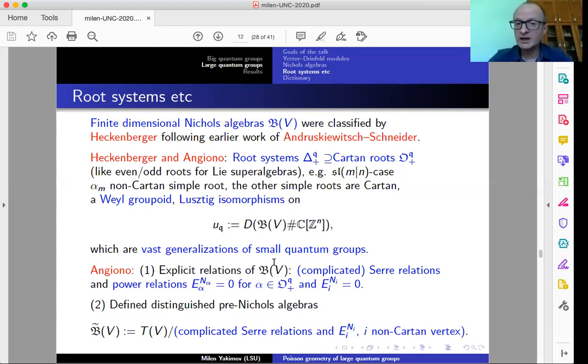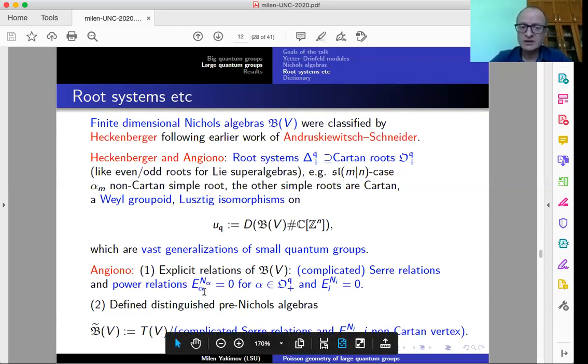So he came up with a description of this analog of U_q(g)^+, but in this vast generality, in which he proved that the relations for this Nichols algebra are certain complicated quantum Serre relations, which come in about 30 different flavors, not just 2, 3, or 4 different quantum Serre relations like in the classical case, but more than 30 types of relations on more than 2 generators, together with power relations where each root vector raised to some power is 0.